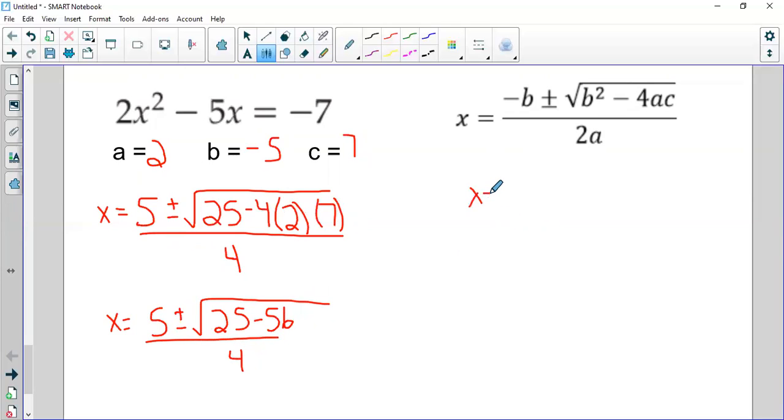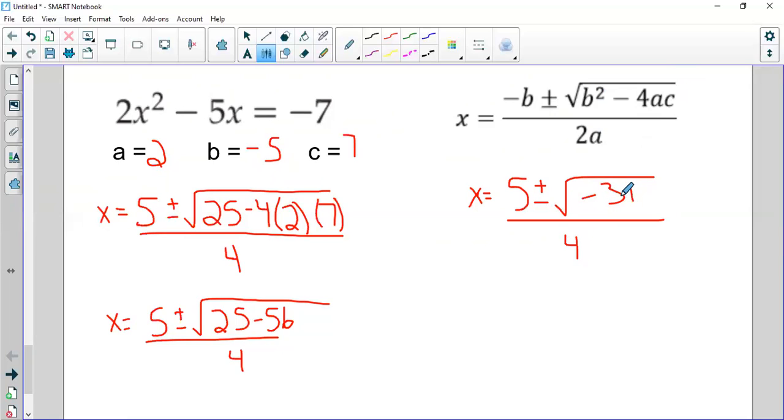So x is equal to 5 plus or minus. Well, now I've got an issue. Because 25 minus 56 is not a positive number. 25 minus 56 is negative 31 all over 4. But the discriminant's negative inside that radical.